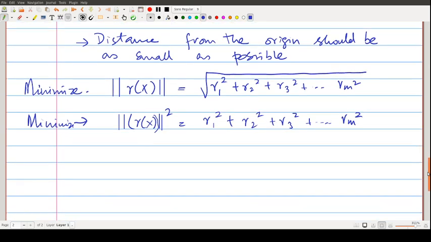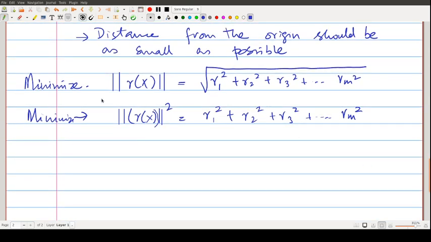And so this is an equivalent problem. If you've minimized what's inside the square root, then you've also minimized the entire number, because the square root is an increasing function, remember that.